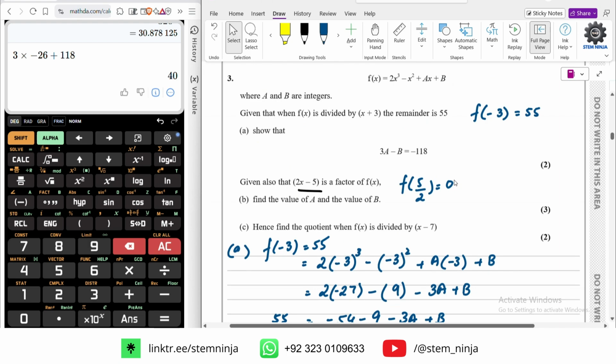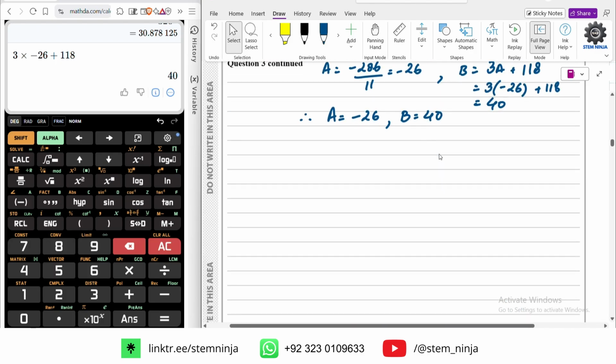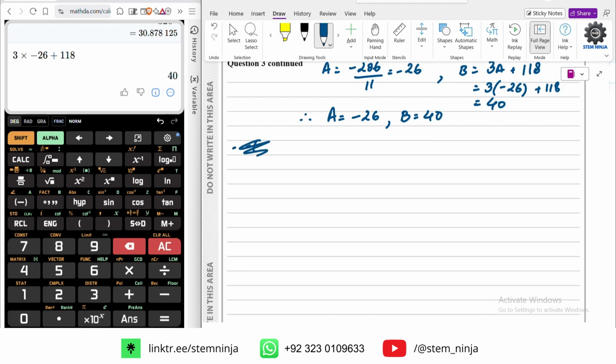Okay. Hence, find the quotient when f of x is divided by x minus 7. So we need a quotient over here, so we can do the long division now, because we have a and b now. So f of x was 2x cubed minus x squared plus ax, so minus 26x plus 40.